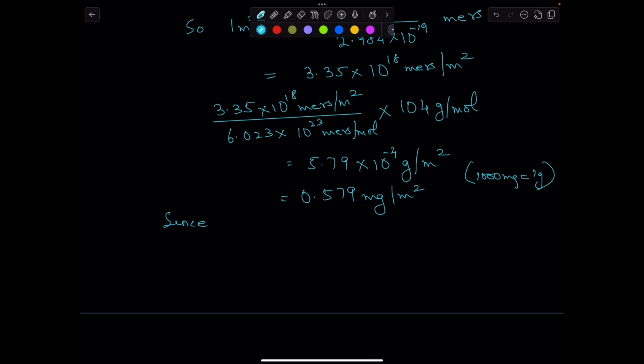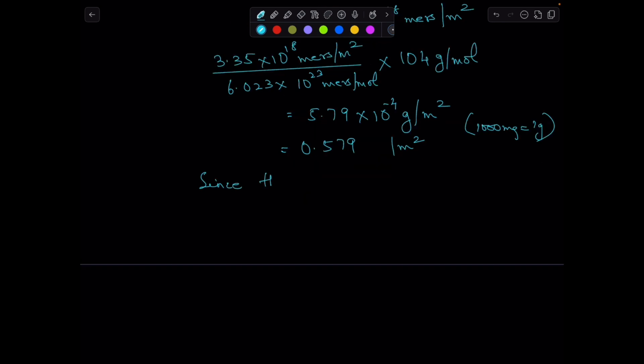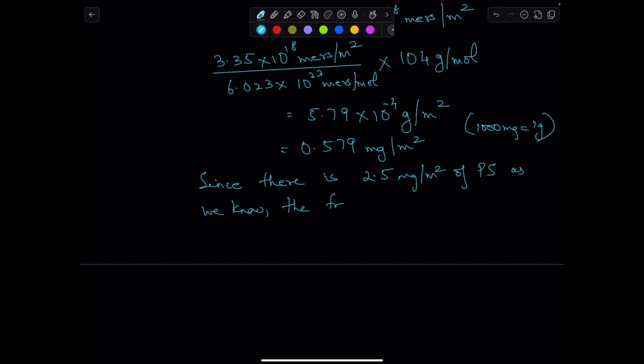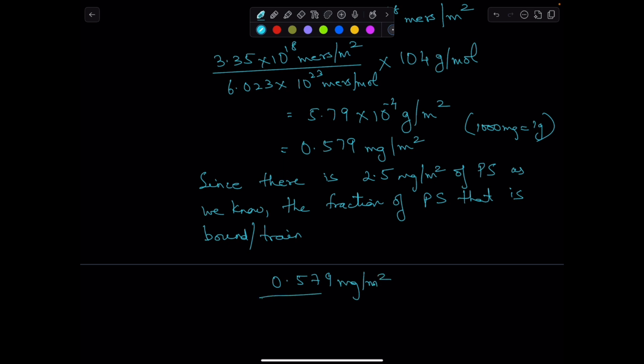Since there is 2.5 milligrams per meter squared of polystyrene, the fraction of polystyrene that is bound, or that is in the form of a train, would be 0.579 milligram per meter squared over 2.5 milligram per meter squared, which is 0.23.